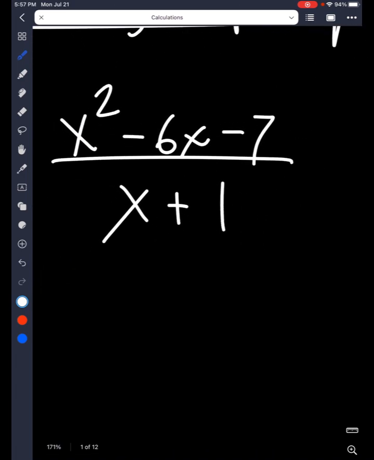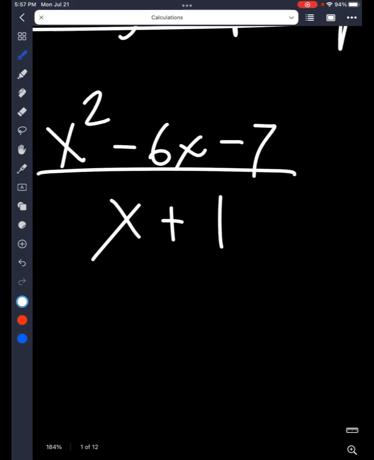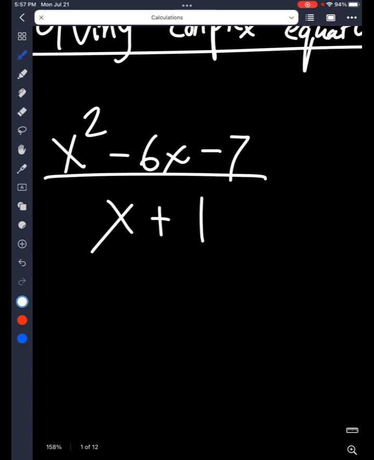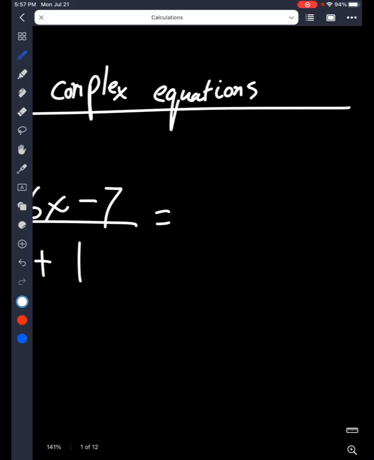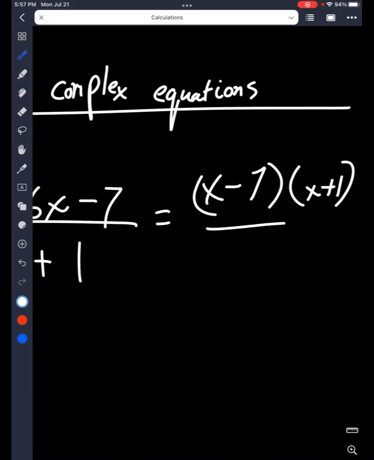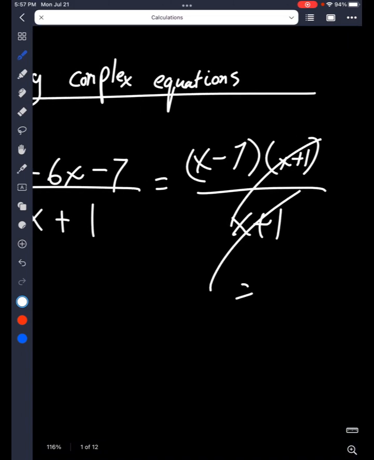You could have this expression anywhere, even if it just asks you to simplify this. You might think, I have a quadratic over a simple term, I can't simplify, right? But here's the thing. You can just factor the top expression, and then just cancel. And that works.